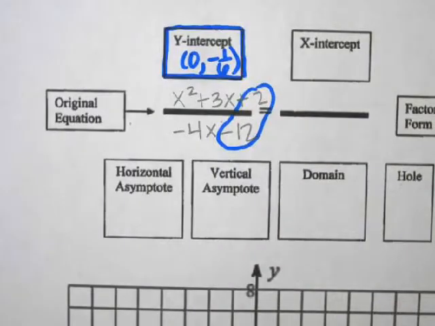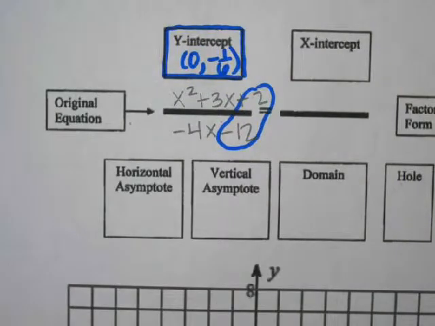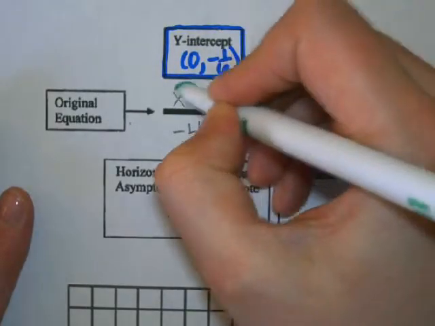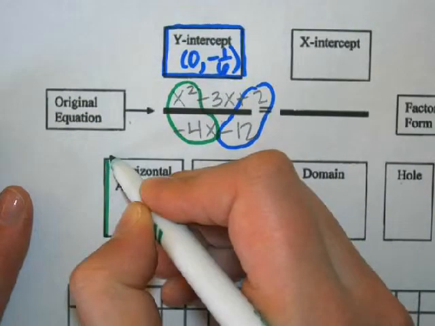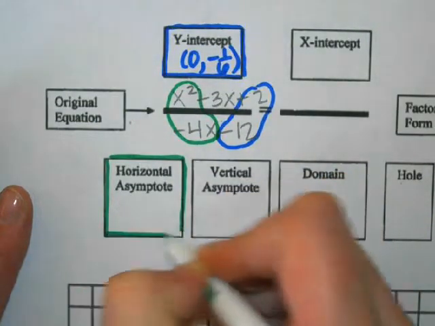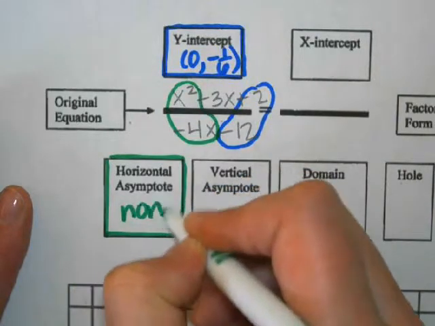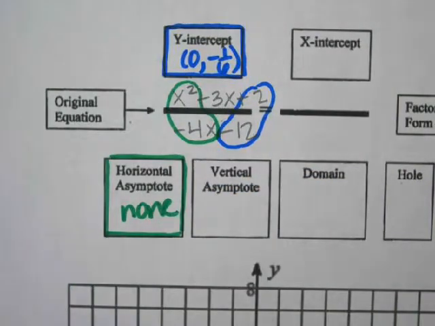What do we want to find next? So if we look here, what do you guys see? There is none, because the degree of the top is a 2, the degree of the bottom is a 1. So what does that mean?